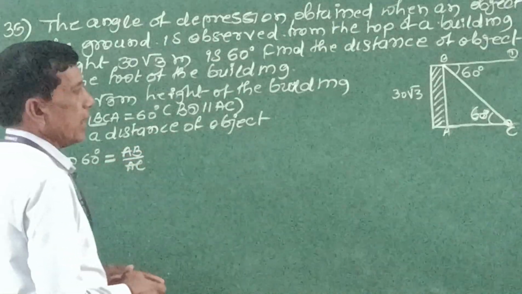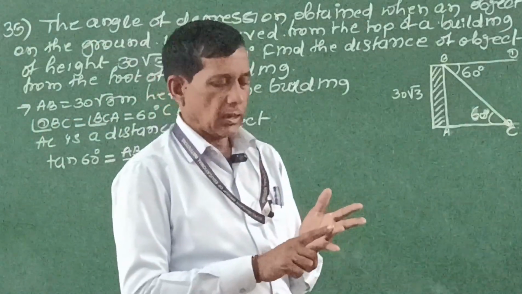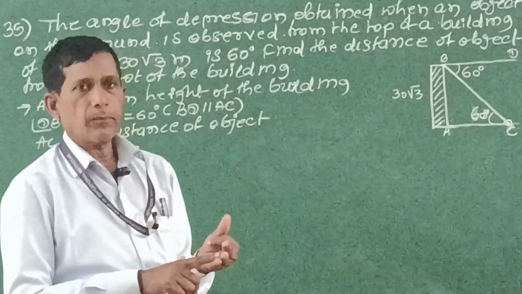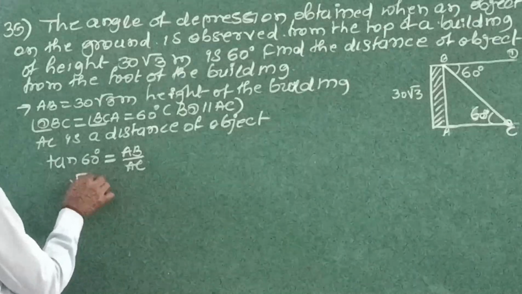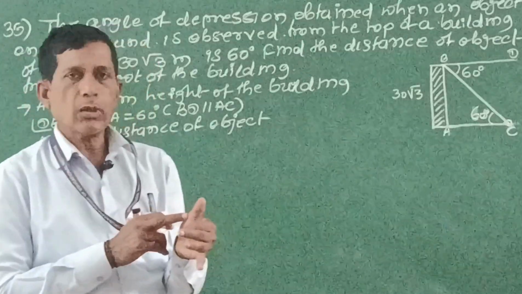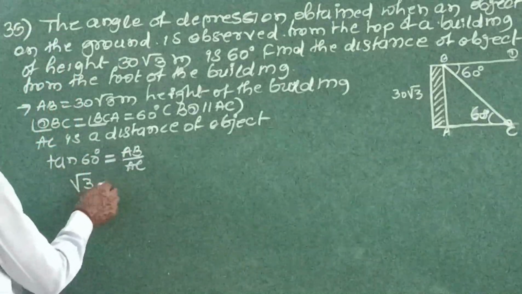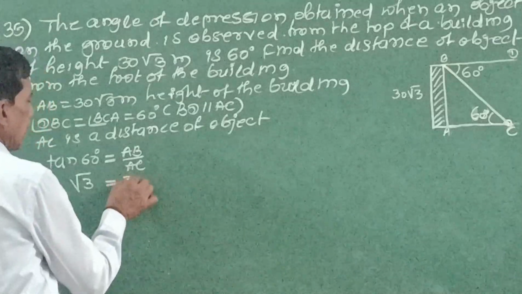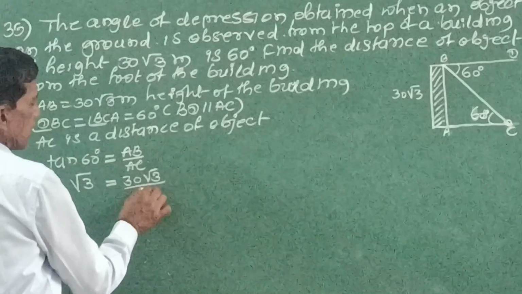Tan 60 degree: 0, 30, 45, 60. Root of below finger, so it is root 3. Root of above finger, cos theta, so root of 1, it means 1. So tan 60 degree is root 3. And AB is given as 30 root 3, AC is the distance.